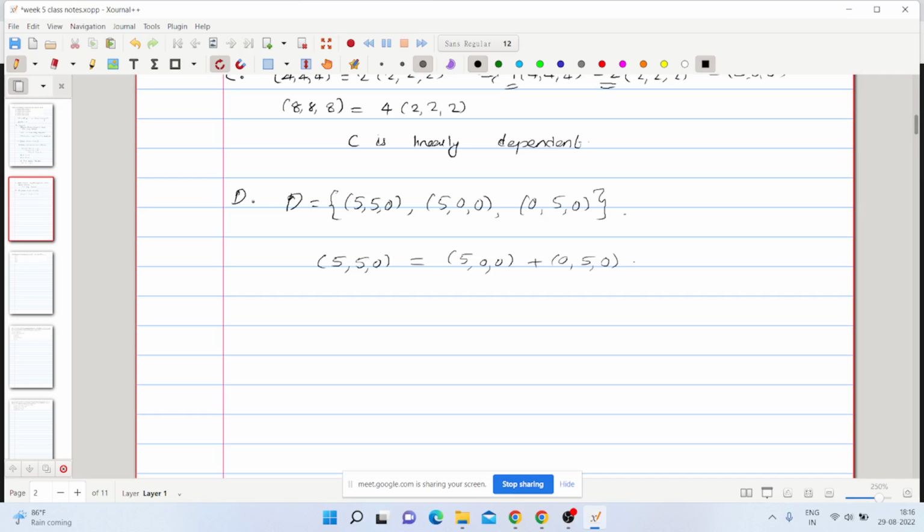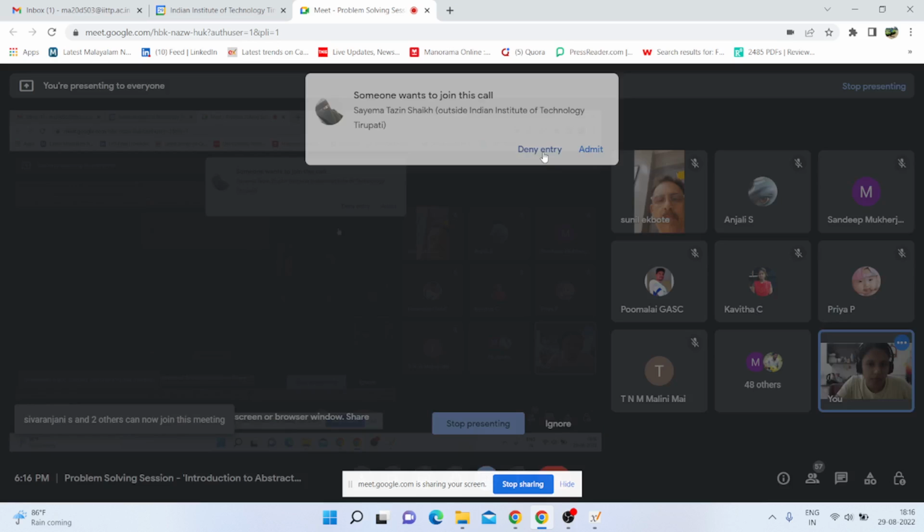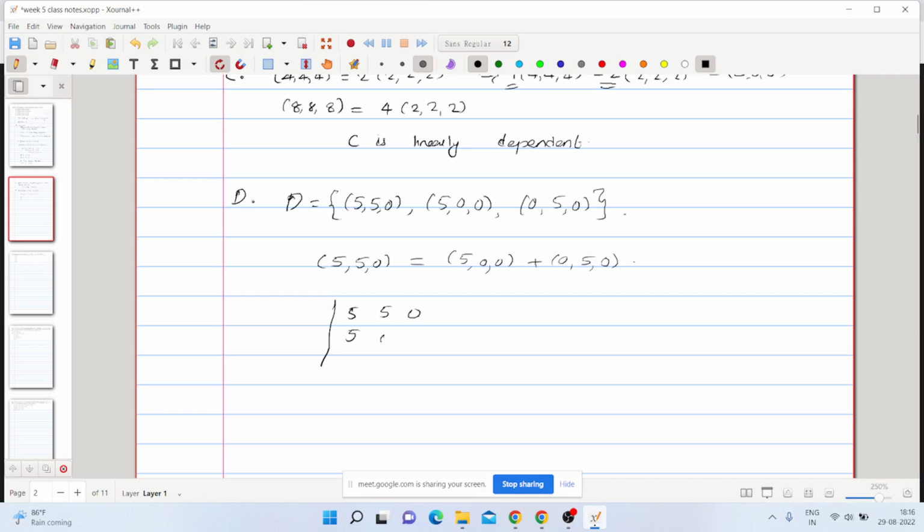Or otherwise, as you said, you can check the determinant. We can check the determinant also. This is (5, 5, 0), (5, 0, 0), (0, 5, 0). See, the third column is 0, so of course this determinant is 0.